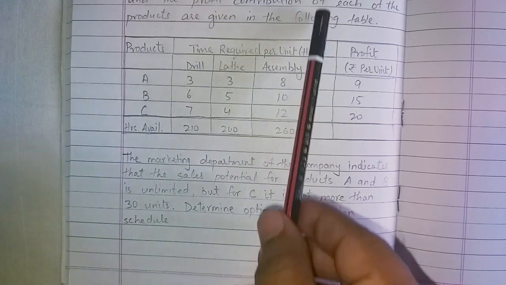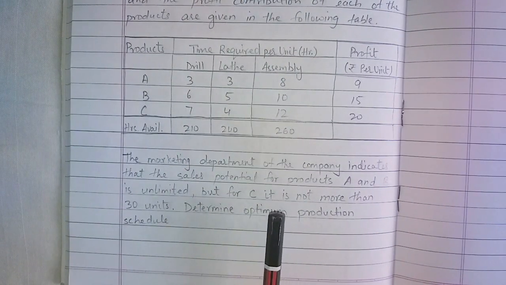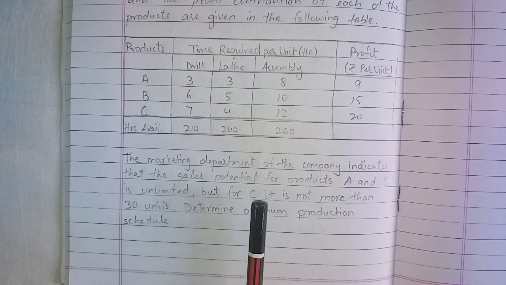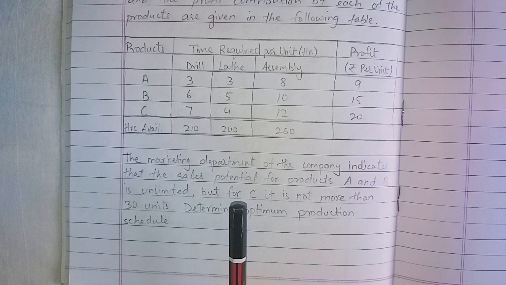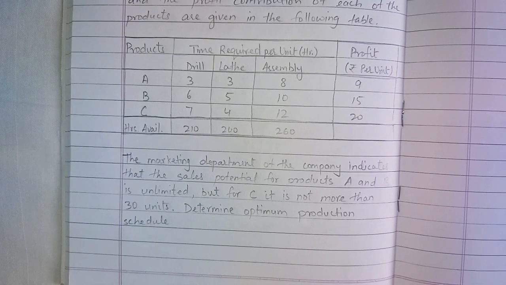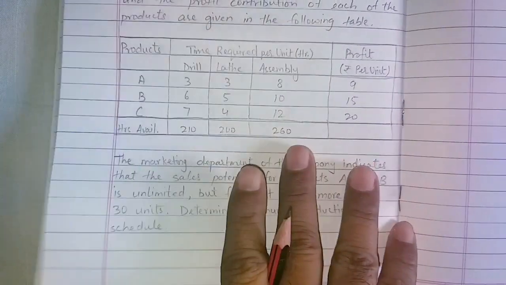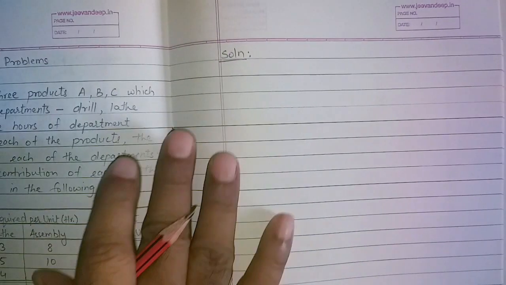So using this problem given to us, we are going to go ahead and solve it. The first step is to come up with the objective function. Clear? So I will start with the solution here.